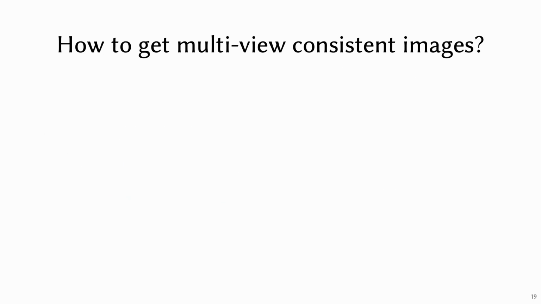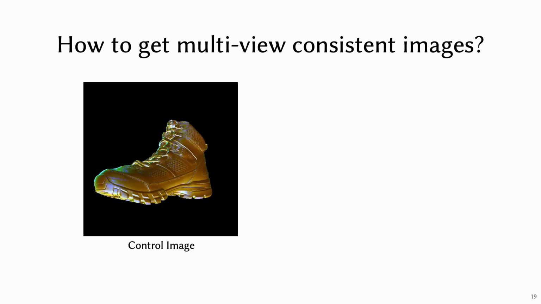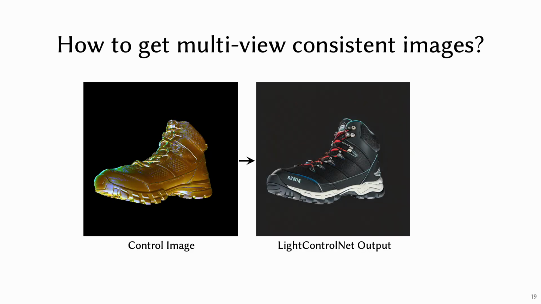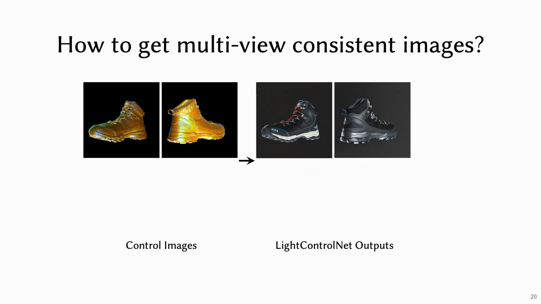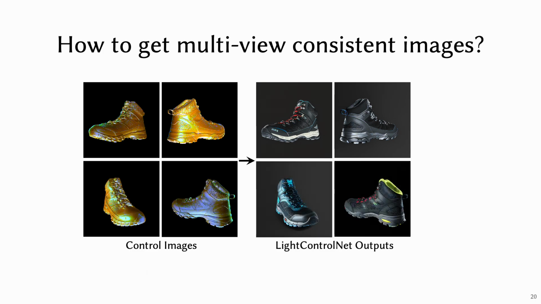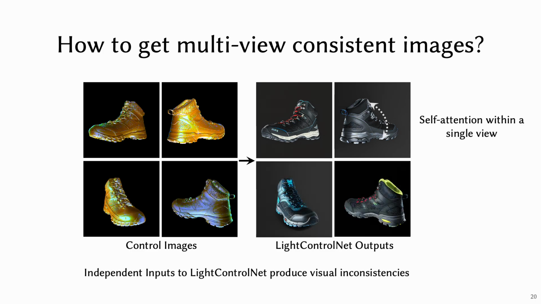But how do we get multi-view consistent images with 2D diffusion networks in the first place? If we generate each view independently, we will most likely get inconsistent outputs with different appearances even with the same seed. This is because we only have attention within a single view.